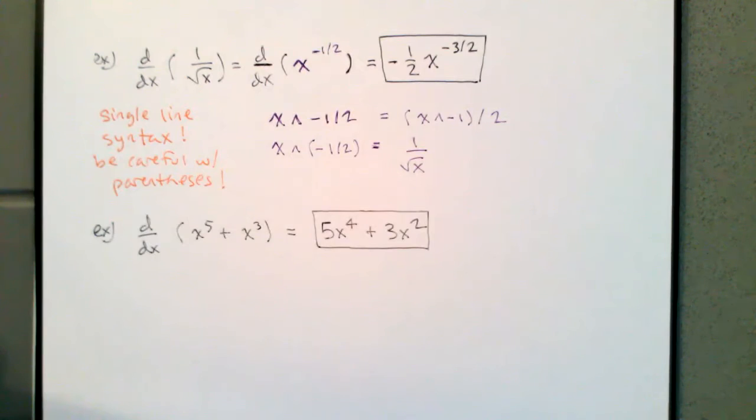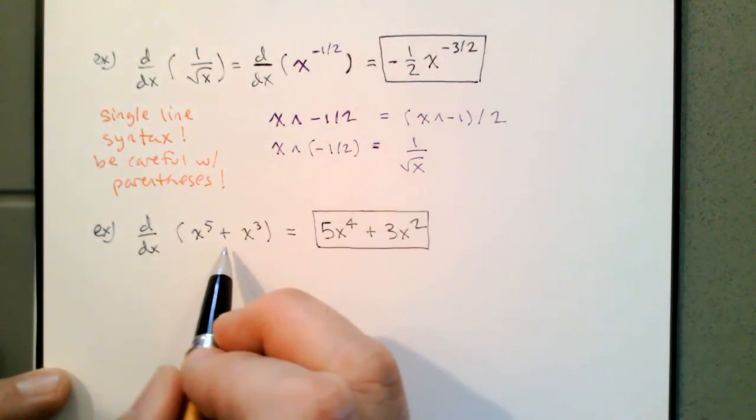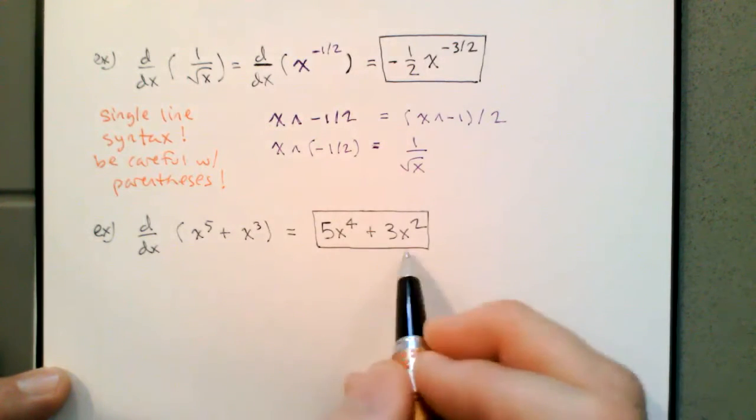So with this example, some of you were guessing 5x to the fourth plus 3x squared. There's two different terms. Can I just do the derivative of each term separately? And the answer is yes. It works exactly how you would guess that it works. We could summarize this by saying that the derivative of a sum is a sum of the derivatives.